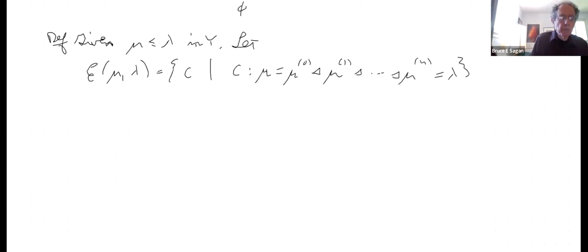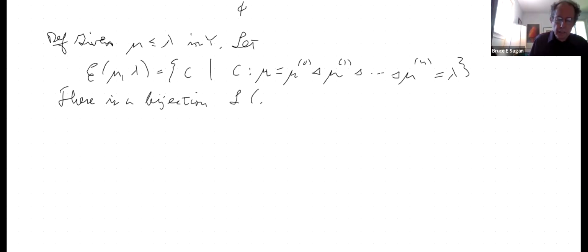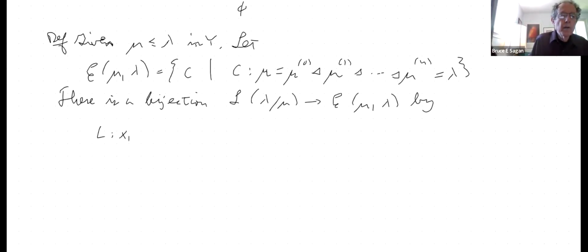Why do I want to do this? Well, because there's a nice bijection here. There is a bijection between the linear extensions of the poset lambda over mu and these chains from mu to lambda. And again, it's very simple. Suppose I have a linear extension, which is x1 through xn.